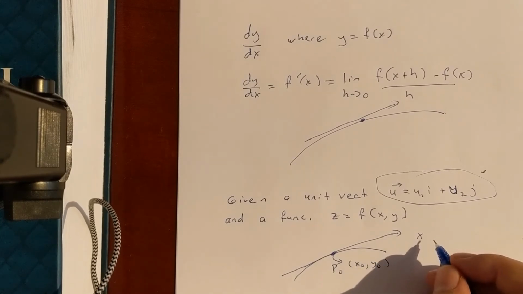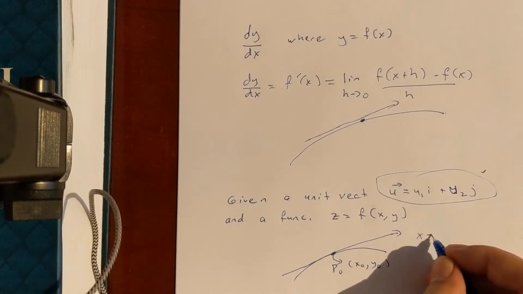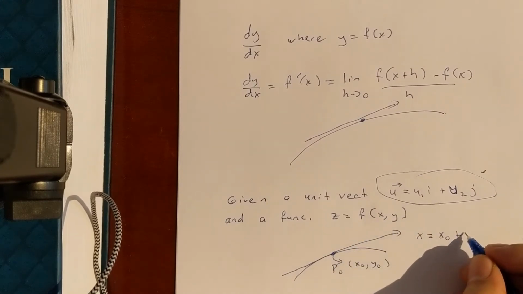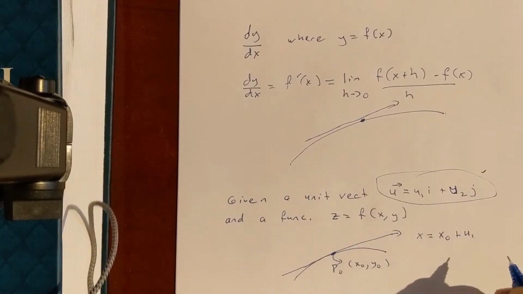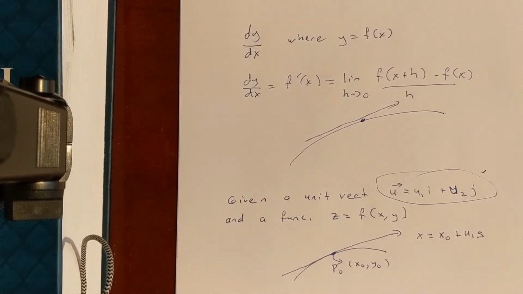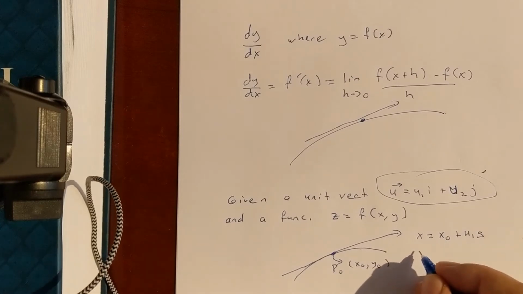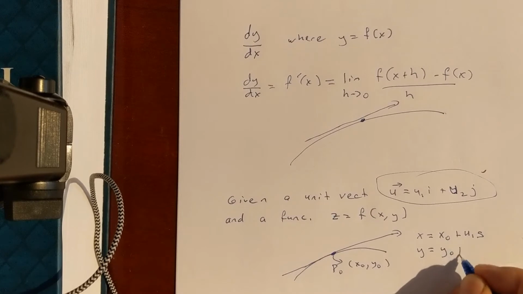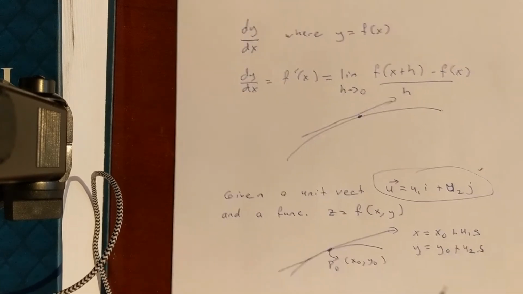one thing I can do is parameterize it as x naught plus the first component, u1, times, let's say, s. And the y component of the line would be y naught plus u2 s.